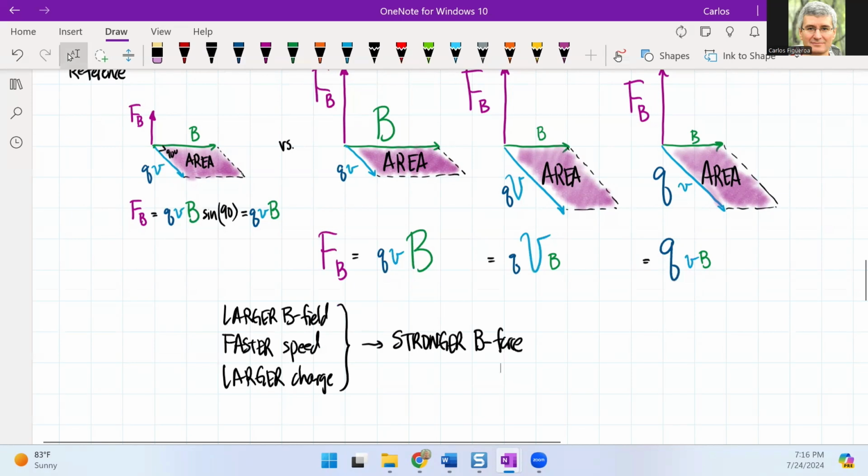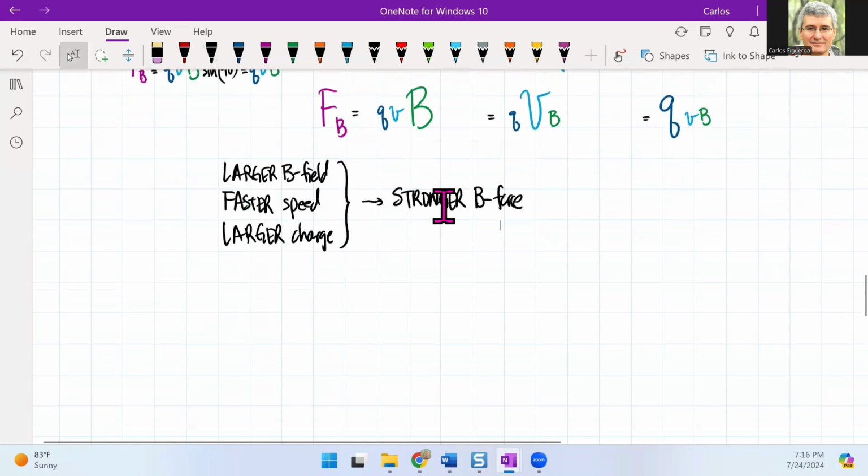Now, another thing that we should think about is that because we are talking about velocity, we need to pay attention to the angle dependence.